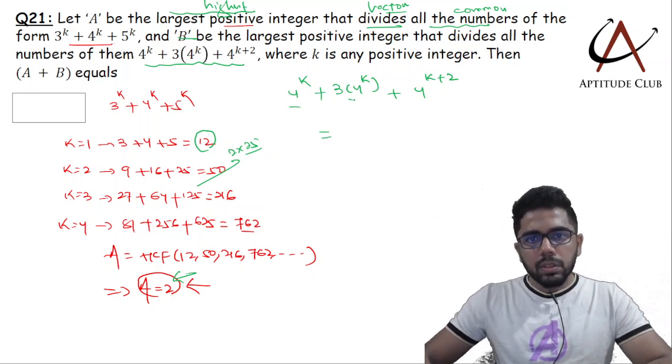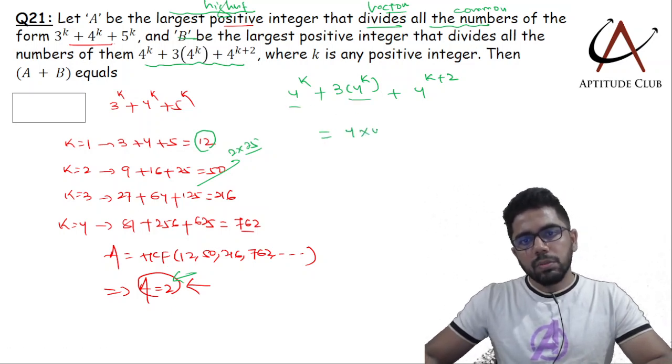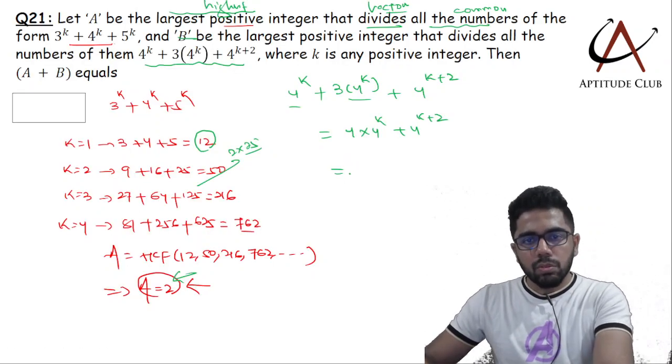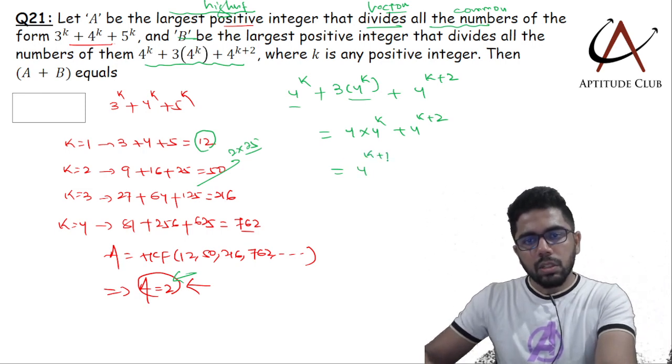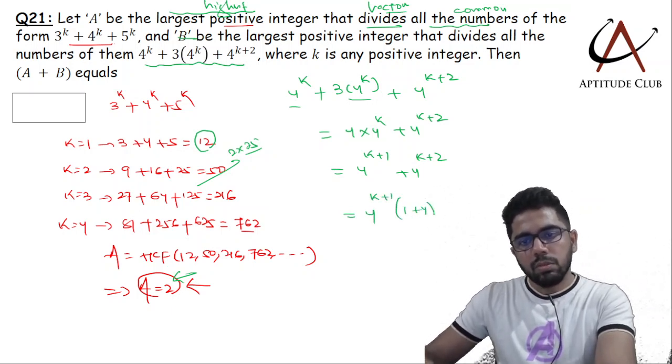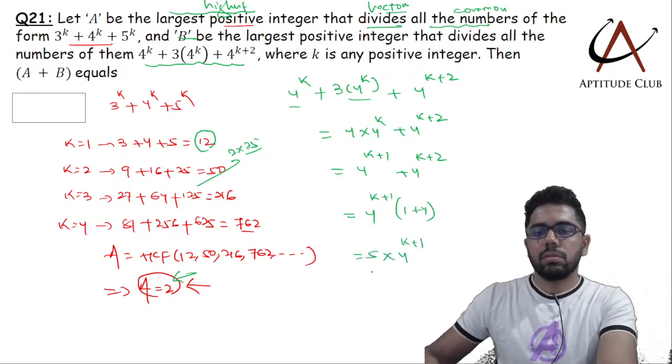So 4 to the power k plus 3 times 4 to the power k is 4 times 4 to the power k plus 4 to the power k plus 2. So this becomes 4 to the power k plus 1 plus 4 to the power k plus 2. तो तुम यहाँ पे 4 to the power k plus 1 कॉमन ले लो, you get 1 plus 4. So you get 5 into 4 to the power k plus 1.